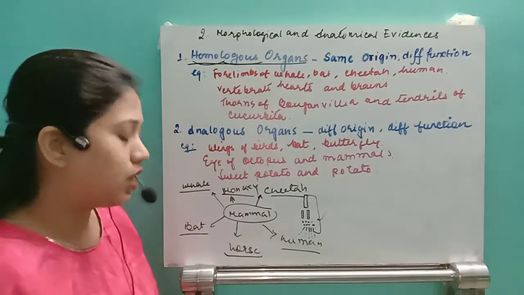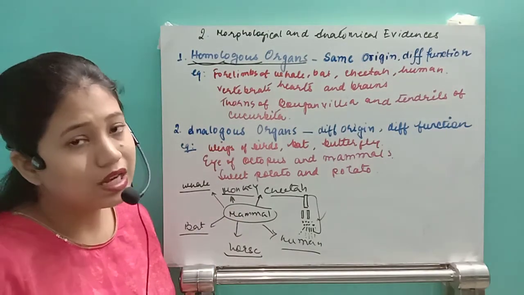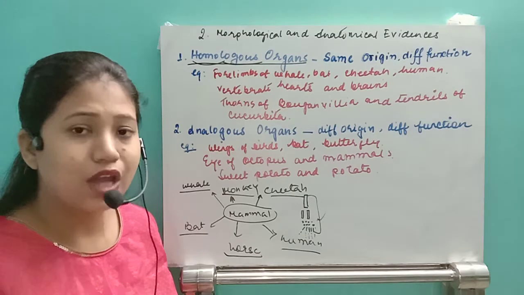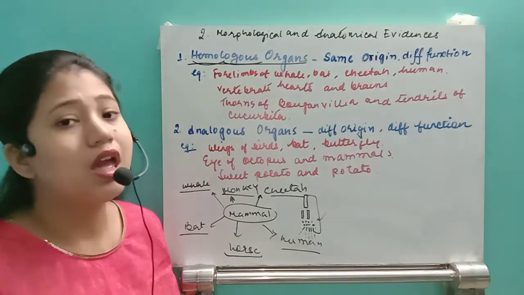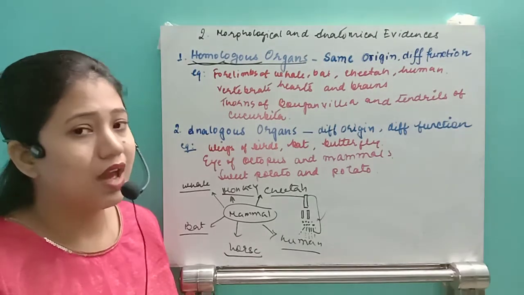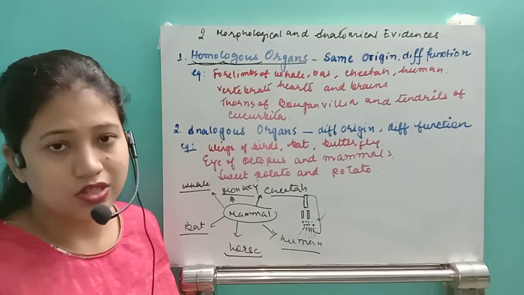Then the monkey. So the forelimbs of all these organisms have been studied, and though they look different and function differently, they have originated from the same common ancestor, the mammal.